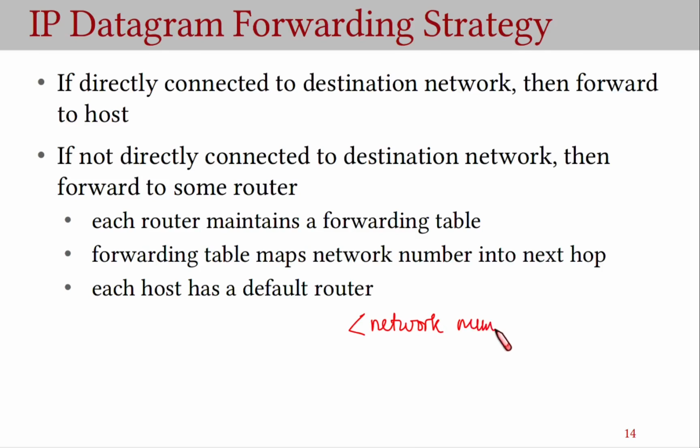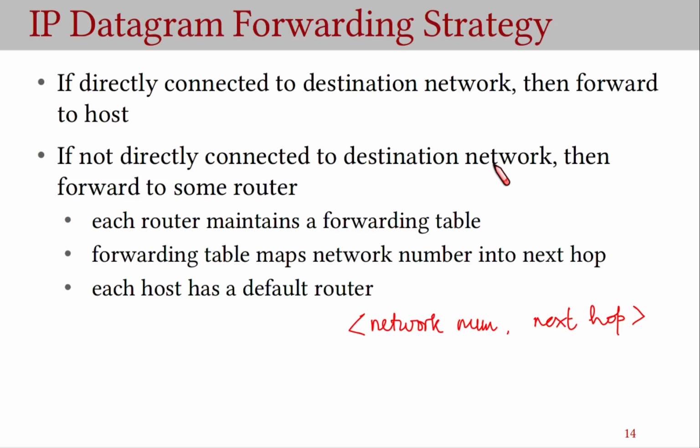network number and next hop. Depending on the network number, it's going to send to an appropriate router, and that router hopefully is closer to the destination. And if none of the entries in the forwarding table match the network address of the destination, then the datagram is forwarded to a default router.